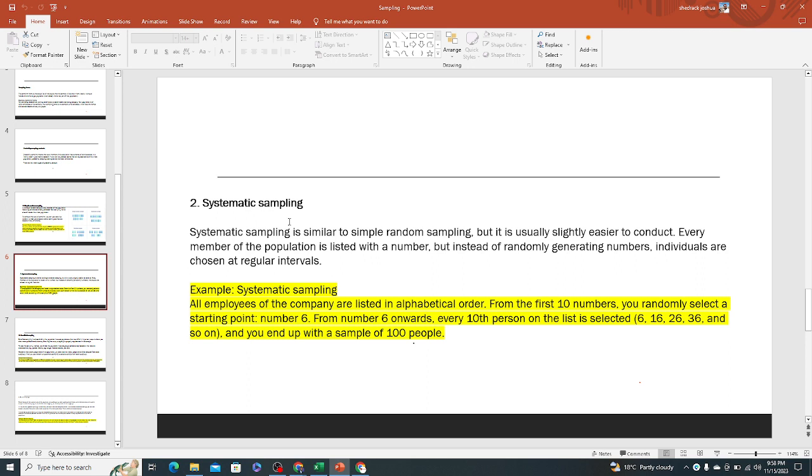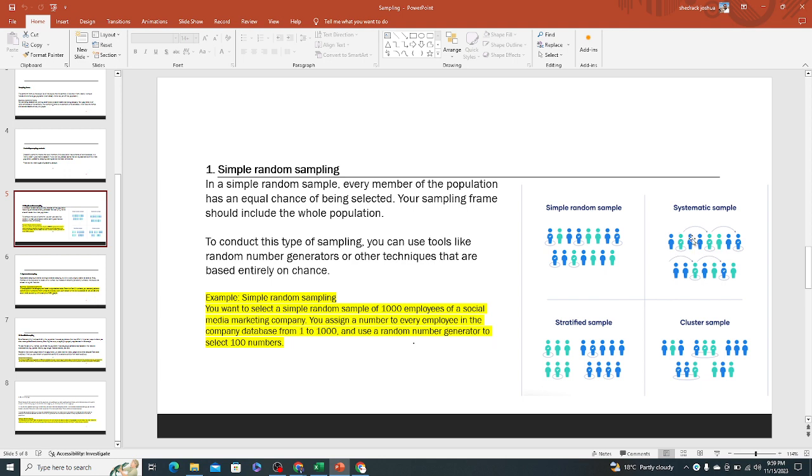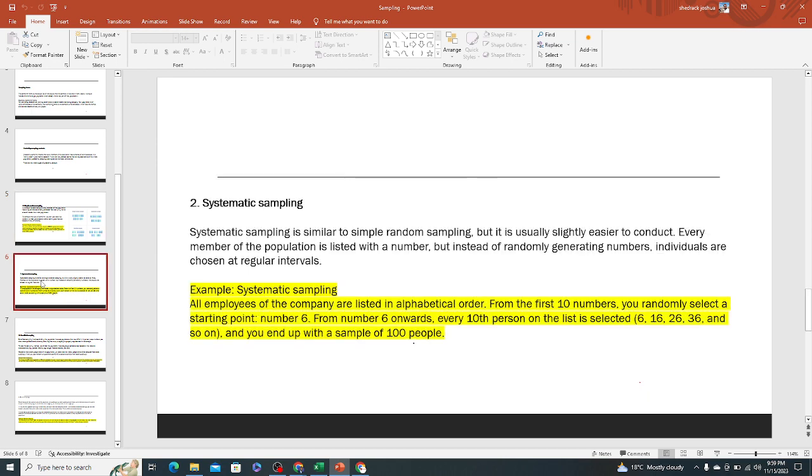Or maybe I want the 10th, the 20th, the 30th, the 40th person to be my sample. As you can see from the diagram, we take the second, then jump to the next person, and jump to the other person. We have a systematic approach.